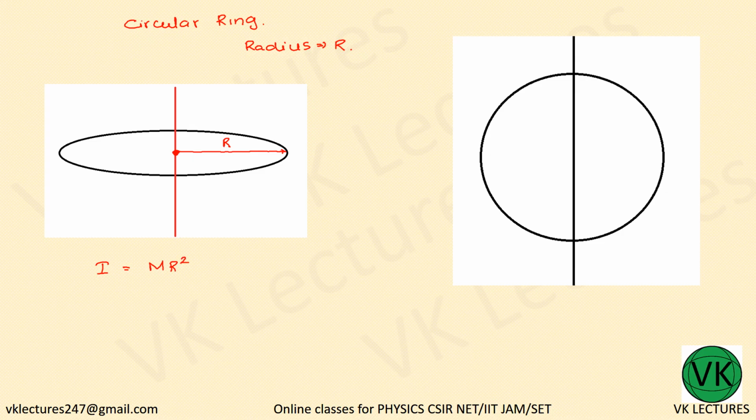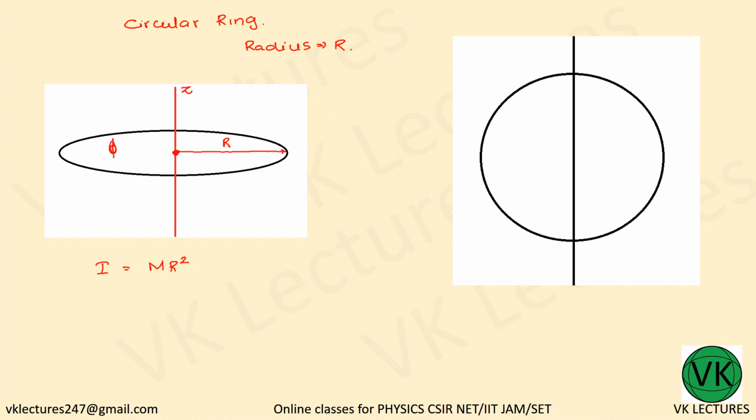If it is a z-axis, that means the circular ring is in the xy plane.